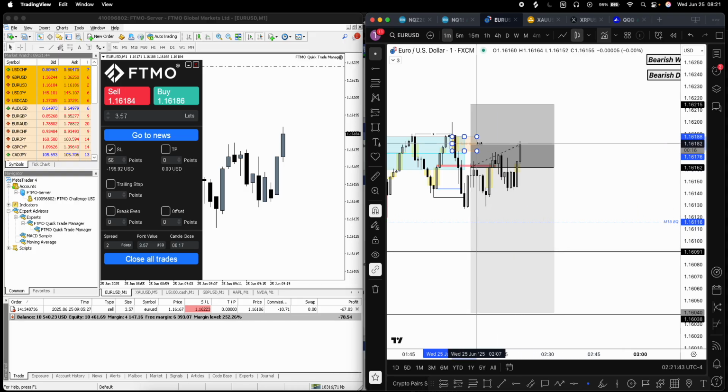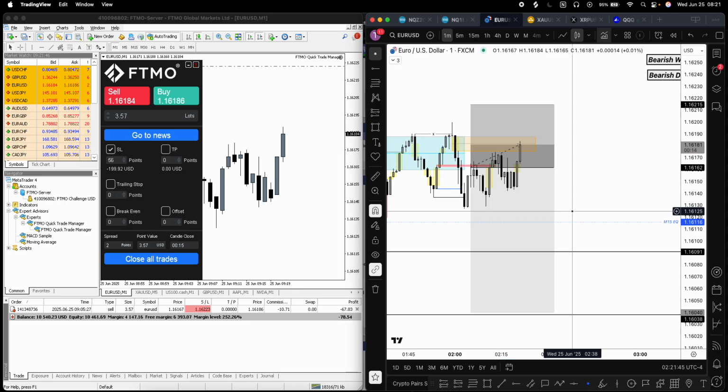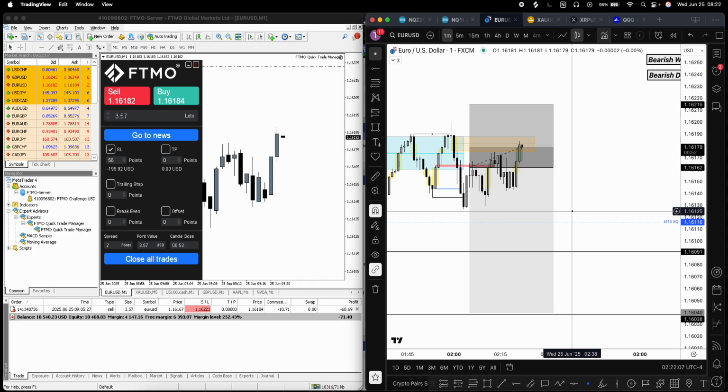I obviously don't love that. We are in a loss at the moment, in the negative. Hopefully it reacts to this 1-minute gap in the orange block. Okay, so it closed below the midpoint.